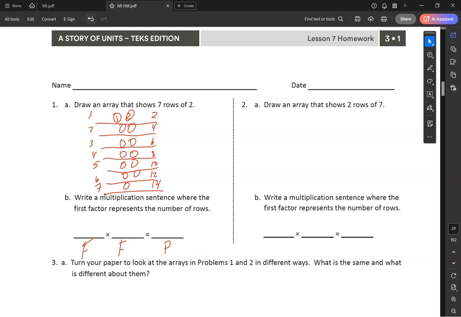How many rows do we have? 7. Times 2 equals 14.